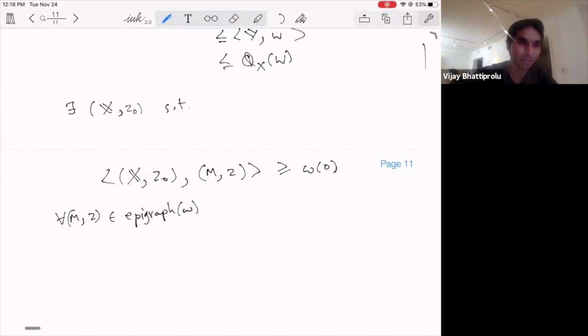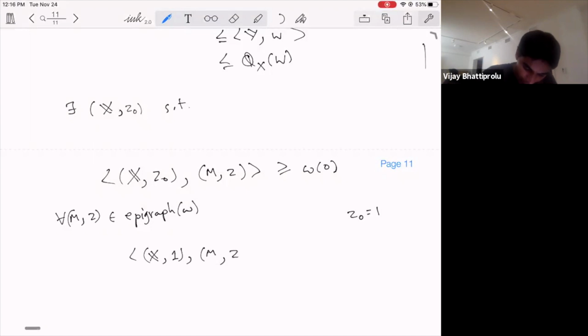Now by some trivial observations, we may assume z naught is equal to 1. Just allow me to make that assumption in order to proceed quickly with the proof. So we have x comma 1 inner product m comma z is at least omega of 0.